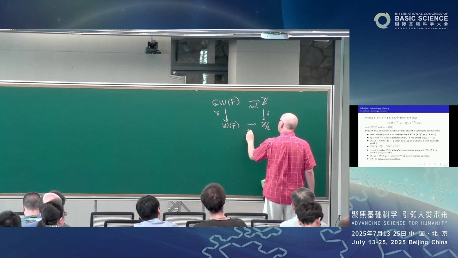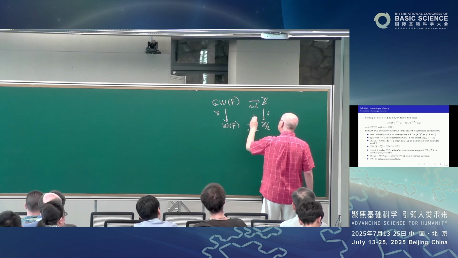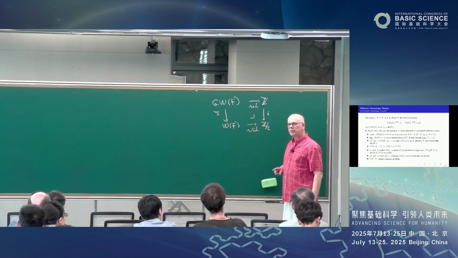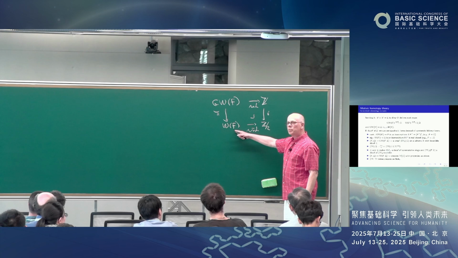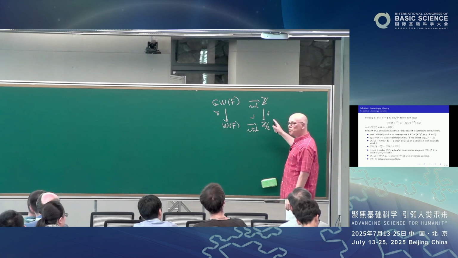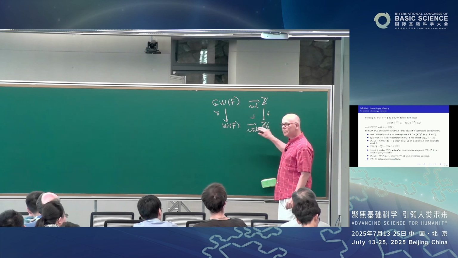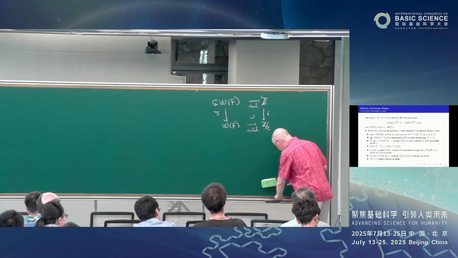And you have the reduced rank here. And this is a Cartesian diagram. In other words, an element in the Grothendieck-Witt ring of F is just an element in the Witt ring and an integer such that the reduced rank of the Witt element agrees with the integer mod 2. So if you want to get an invariant here, it's enough to get an invariant here and an invariant here that agree there, which is what we'll be doing.